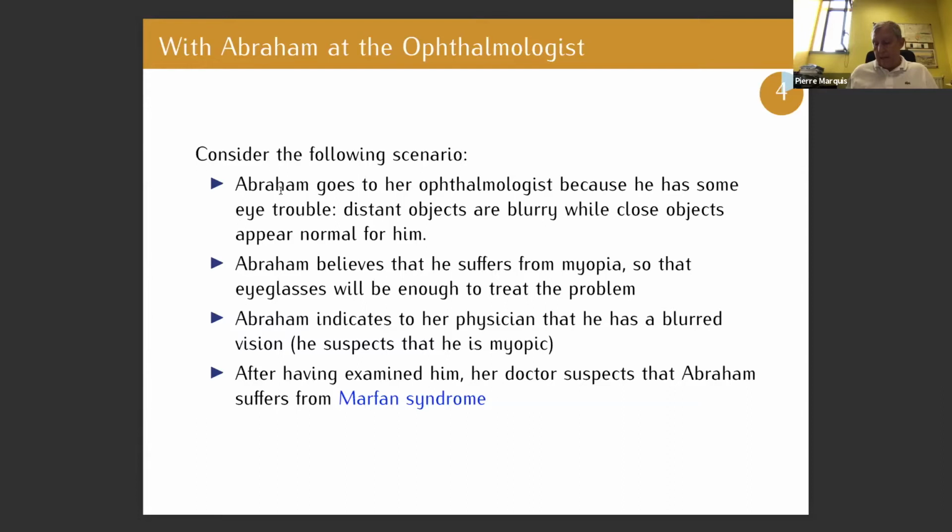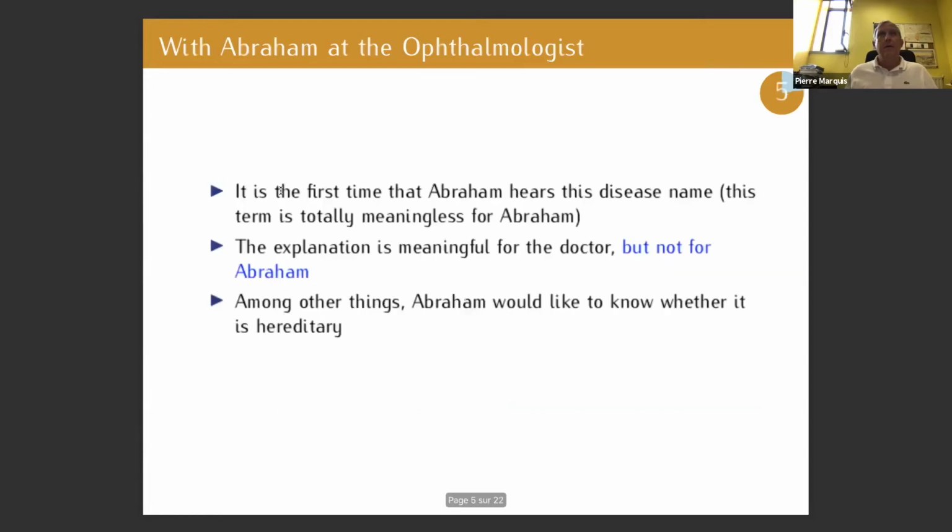So I guess that just as Abraham, you don't know what Marfan syndrome is. It is the first time that Abraham hears this disease name. This term is totally meaningless for Abraham. Of course, it is meaningful for the doctor, for the physician, but it is not meaningful for Abraham.